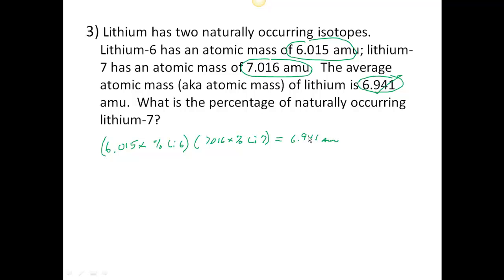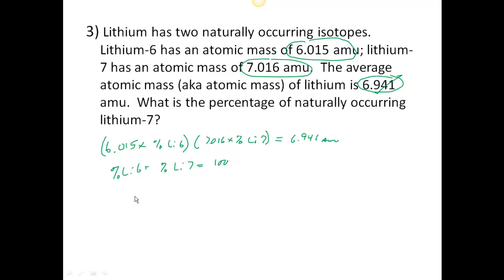Well, I've got the percent of lithium-6 and the percent of lithium-7. Well, how do I know what those answers are? Those are 2 unknowns. Well, yes, but no. Remember that the percent of lithium-6 plus your percent of lithium-7 have to equal what? Of course, they have to equal 100%, right? Or in decimal terms, 1.